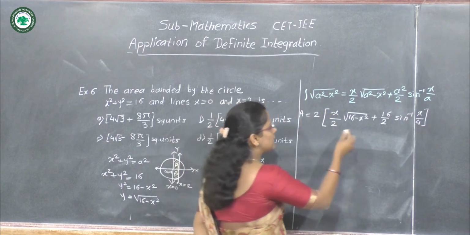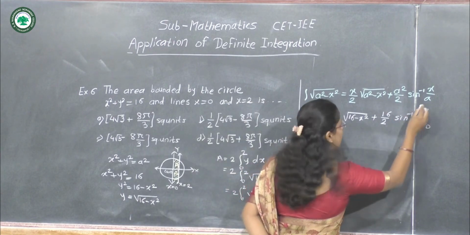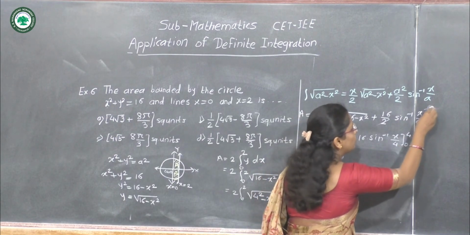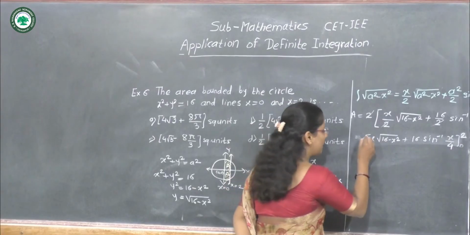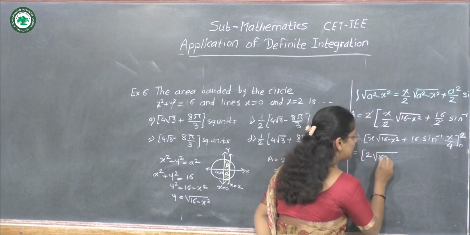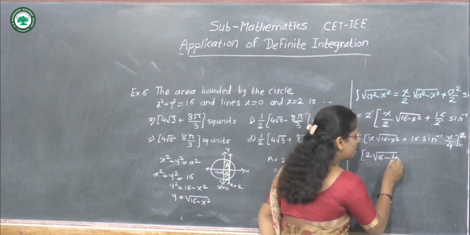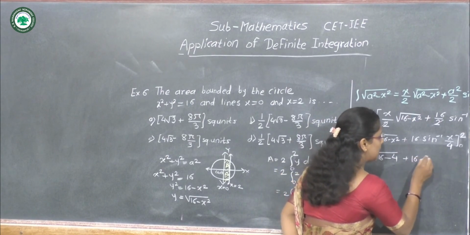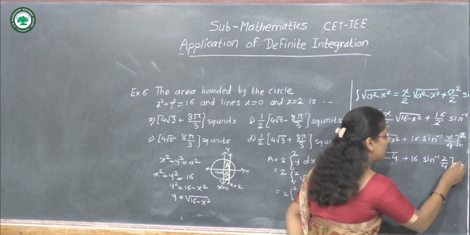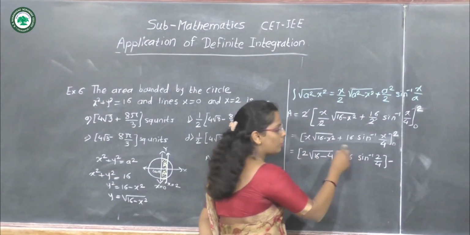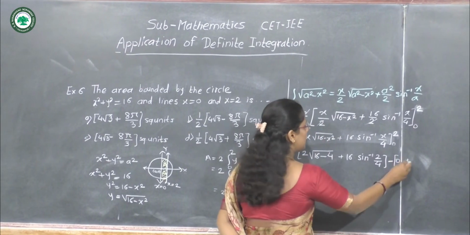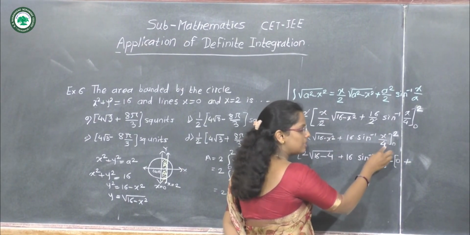Now solve this. Sorry, limits are 0 to 2. Put the value 2 into square root of 16 minus x square. 2 square is 4, plus 16 into sin inverse upper limit 2 upon 4, minus 0 into term is 0, minus plus 16 sin inverse 0 upon 4.